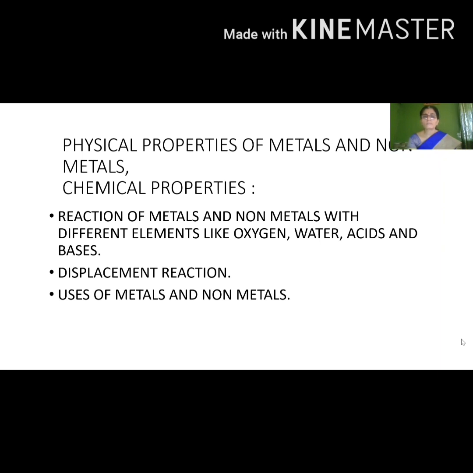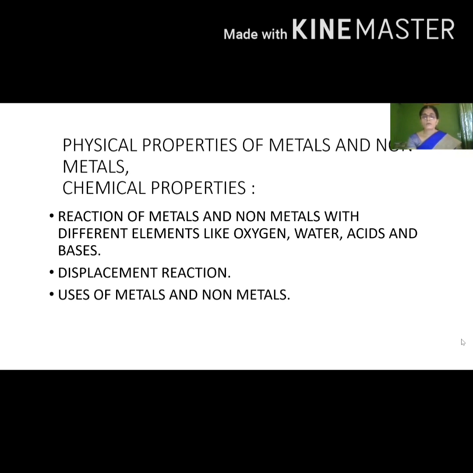These reactions we have learned with different activities. That is, these involve chemical reactions, and chemical reactions can be denoted by chemical equations. So these reactions are very important.